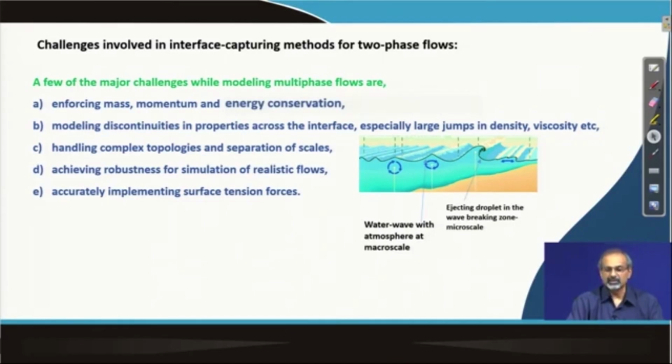properties of the respective fluids, in terms of, say, density, viscosity, thermal conductivity, specific heat and so on. So, we have to model the discontinuities in the properties of the fluids across the interface. And then, as you saw earlier, you may often have to handle complex topologies, in the sense that if you have a dispersed phase immersed in a continuous phase, then you have a large number of entities of the dispersed phase, and therefore topologically the problem becomes more difficult.